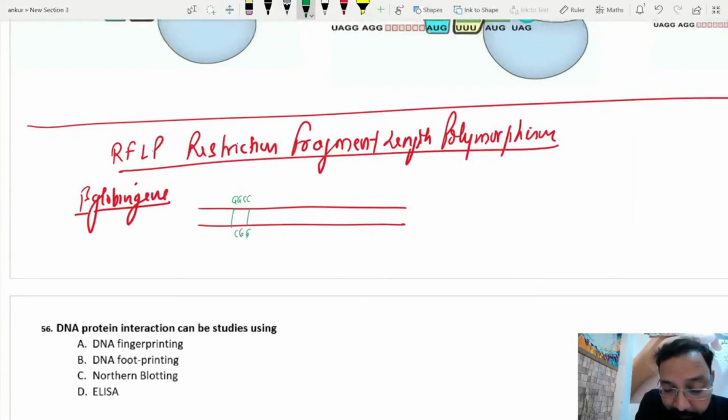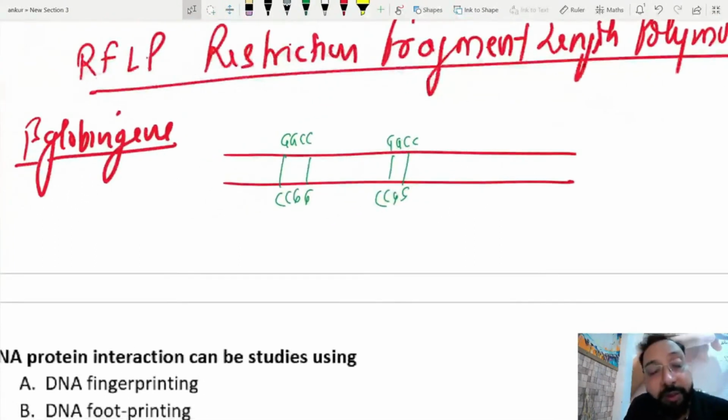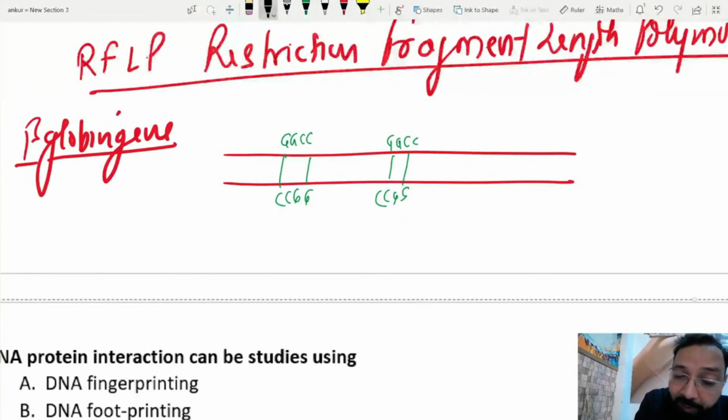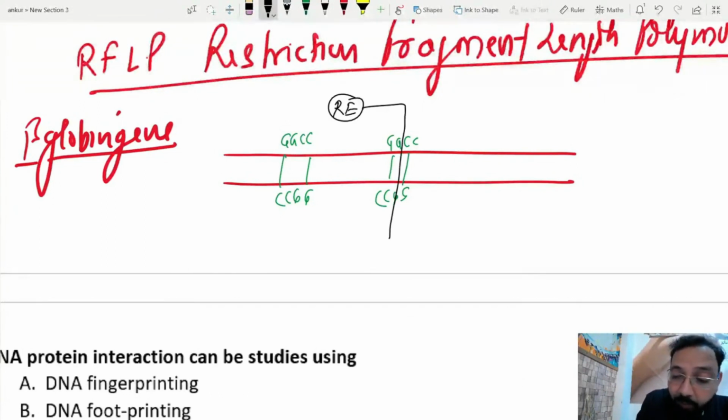GGCC, GGCC. Suppose a normal beta globin gene has two palindromes, and we all know whenever restriction endonuclease acts on a palindrome, it cuts this palindrome.